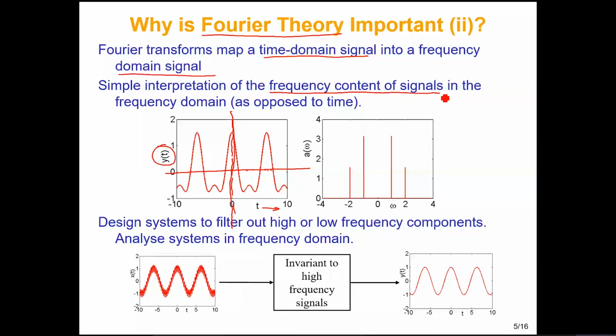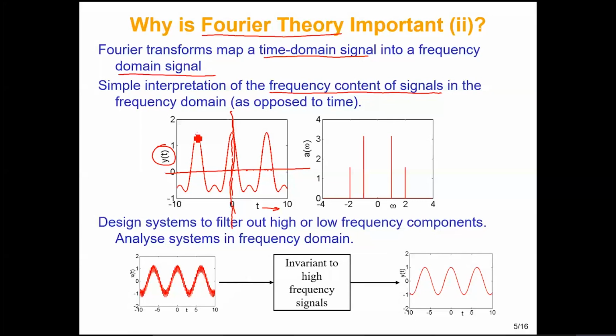If a signal is given, just looking at it, we cannot judge how many frequencies are present in this signal, what the range of frequencies is, what the maximum frequency is, what the minimum frequency is, how many frequencies there are, and what the magnitude of each frequency is. These things are important for engineers.